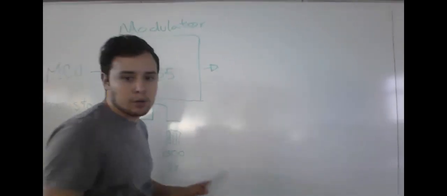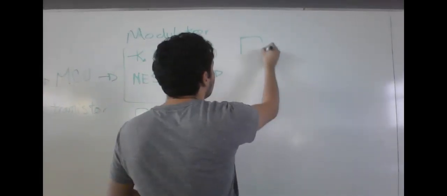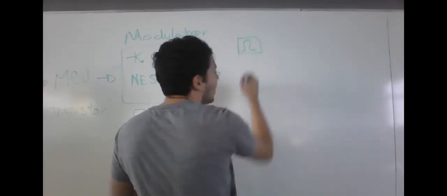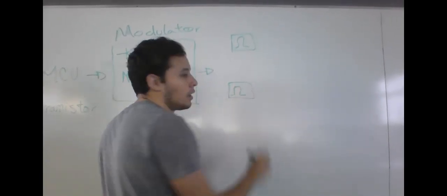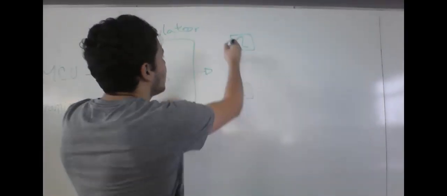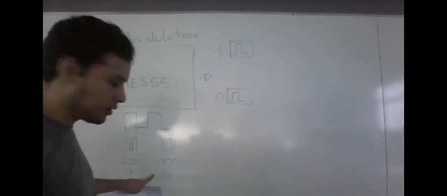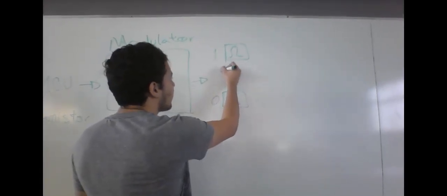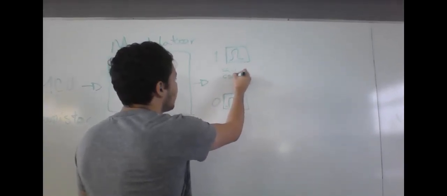Then this goes to a demodulator, which we are going to build from two bandpass filters. This bandpass filter checks if it's a 1, and this one checks if it's a 0. We take the 600 hertz frequency and look for 550 to 650 hertz.